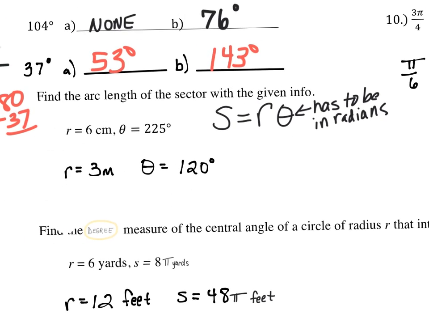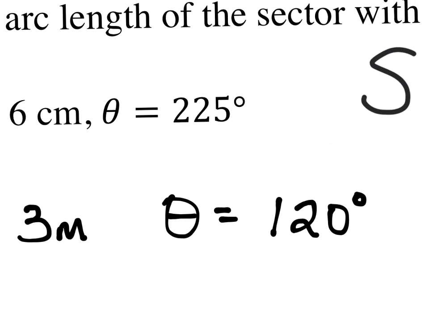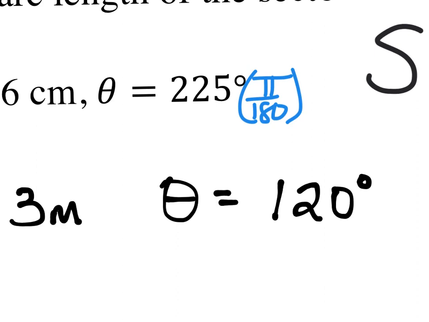So what do I have to do with 225 first? I have to convert it. So if I convert 225 and 180, what goes into both? 9? 5?